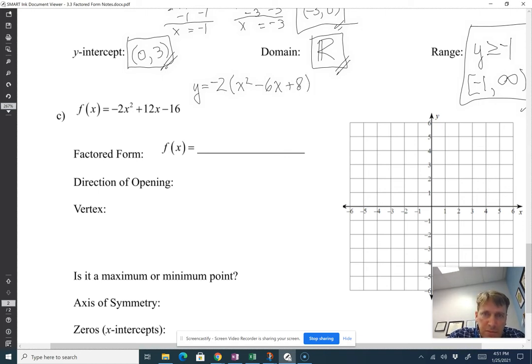Because negative 2 times a positive 8 is negative 16. And so I factored that out. That sort of helps me to see that A equals negative 2. And so the direction of the opening, negative 2 is less than 0. So it opens down.